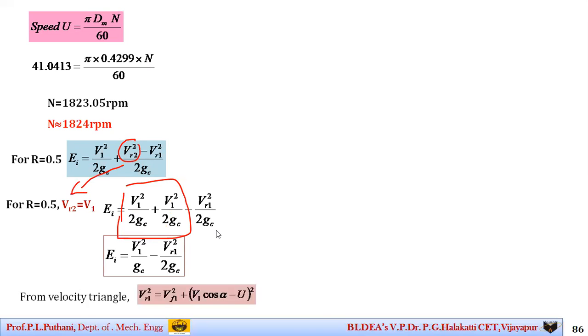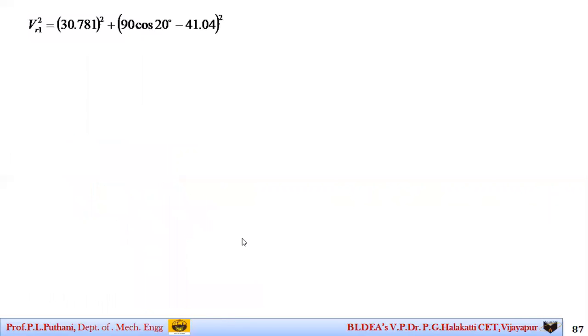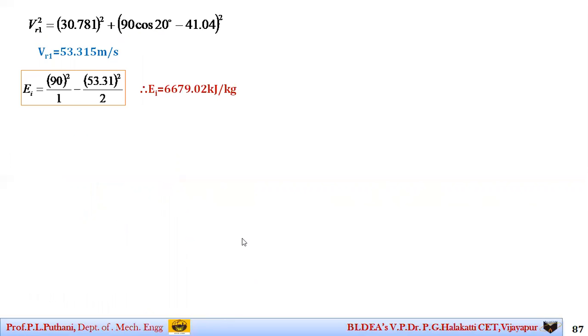Then from the velocity triangles, we have that value of Vr1 square is equal to V1 square plus (V1 cos alpha 1 minus U) squared. That is the velocity triangle which we have seen just now. So therefore, substitute the values, you get the value of Vr1. Then the energy, if you substitute the value of V1 and Vr1, the answer we get it as 6679.02 kilojoules per kg.